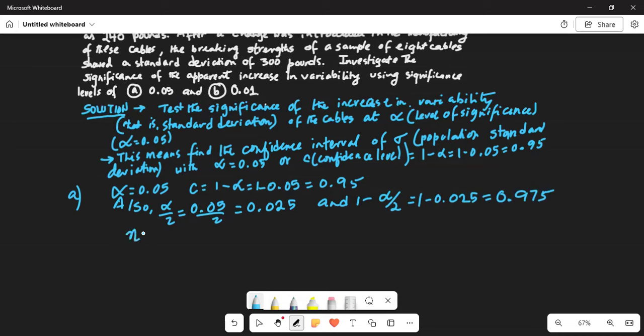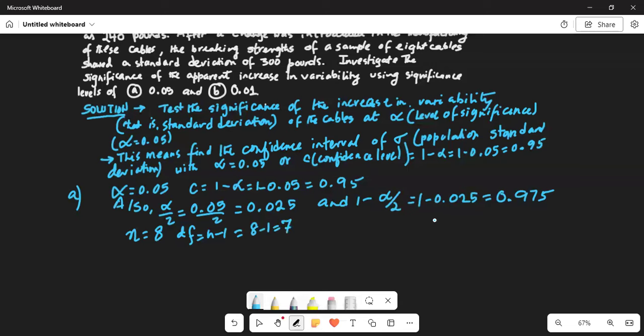Our sample size n is equal to 8, so degrees of freedom is n minus 1, which is 8 minus 1, equal to 7.